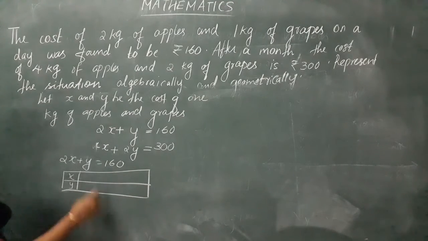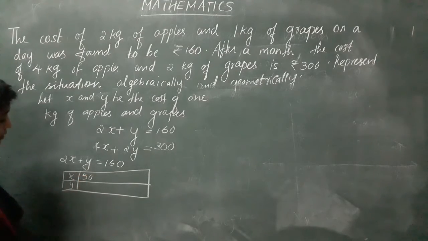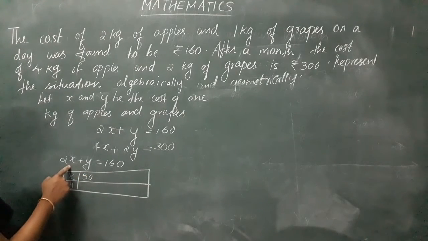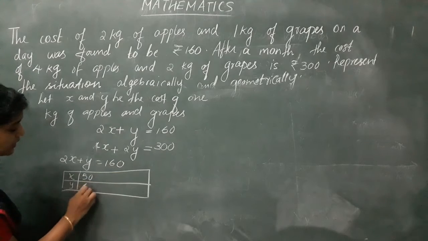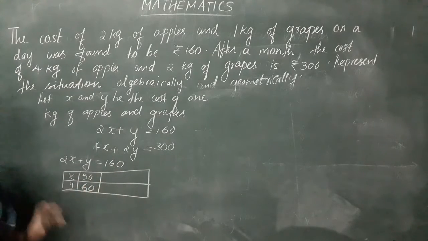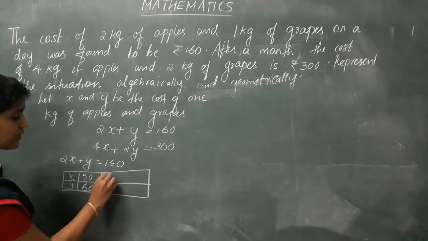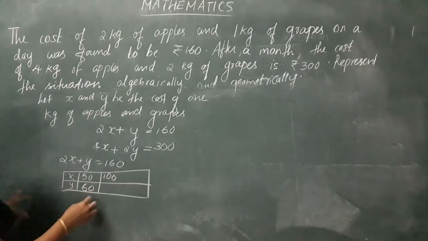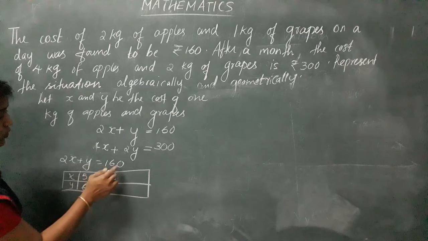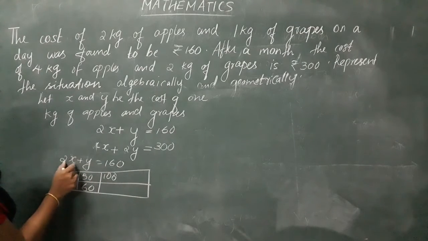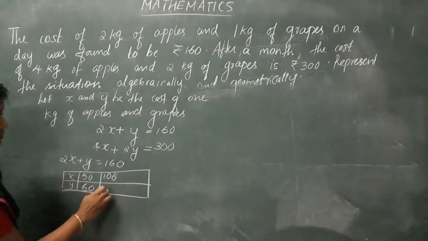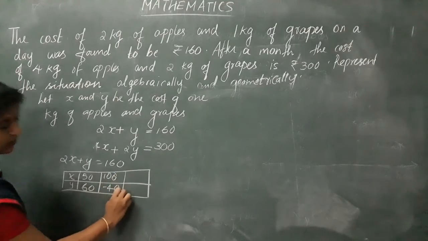So first I give the value of x as 15. Now what do I get as the y value? You get 160 minus 100, that is 60. Clear? Next I give the x value as 100. Now what do I get as the y value? I get y equal to 160 minus 200, that is minus 40.